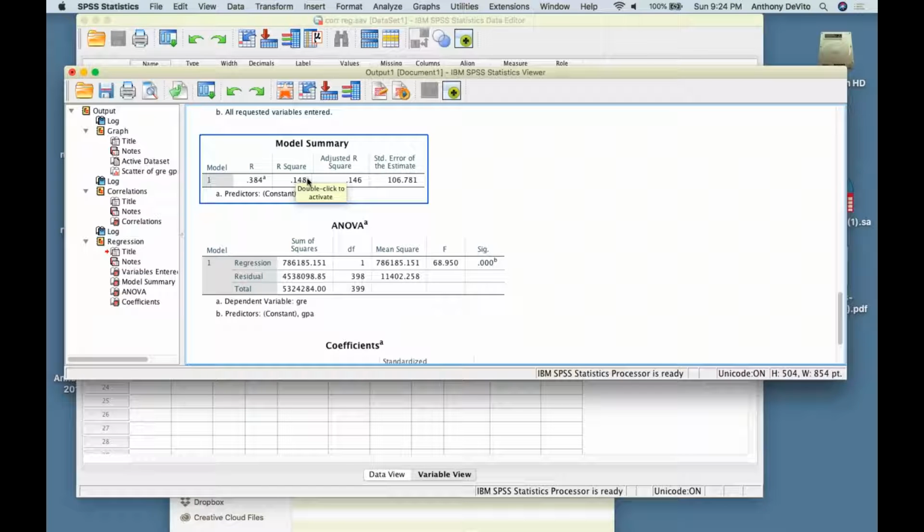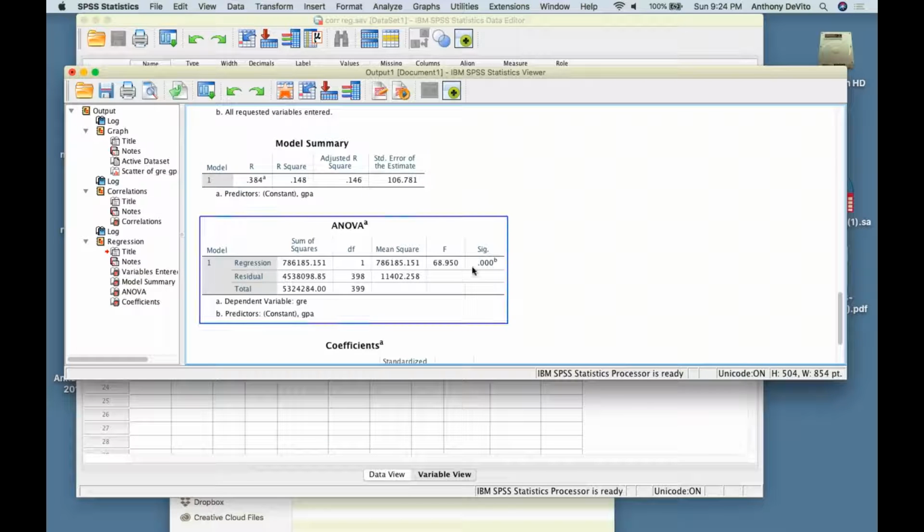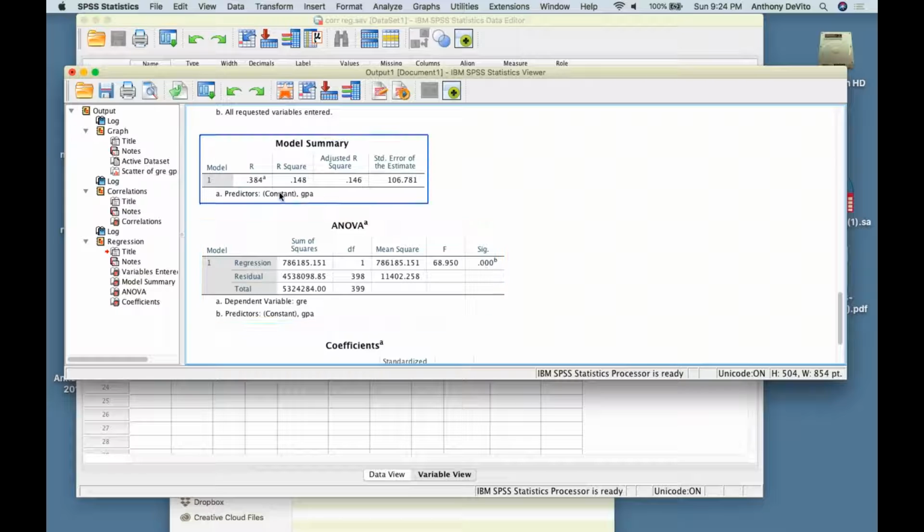What this tells us is that we have a statistically significant association, so we can reject the null hypothesis that R is equal to 0, and accept the alternative hypothesis that it's not equal to 0. In other words, there is a correlation or association between these two variables.